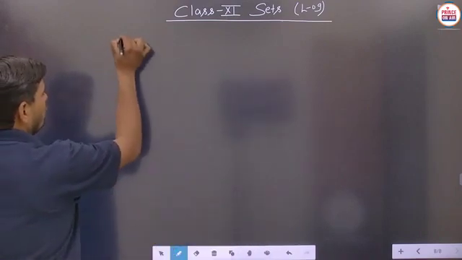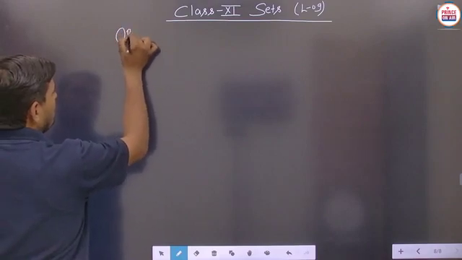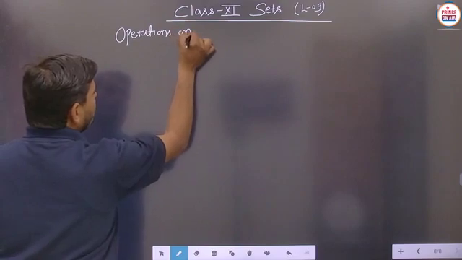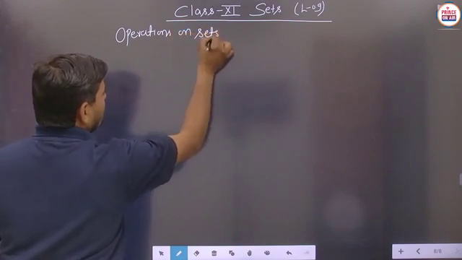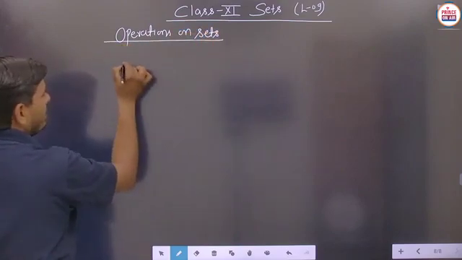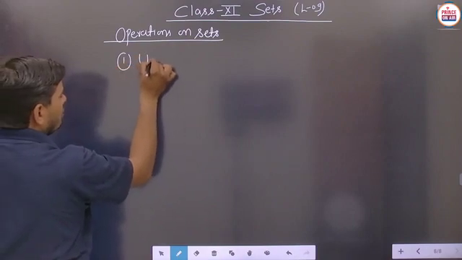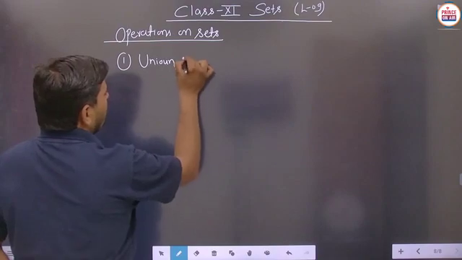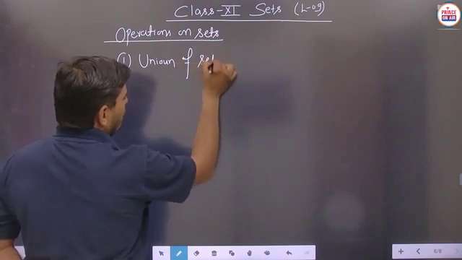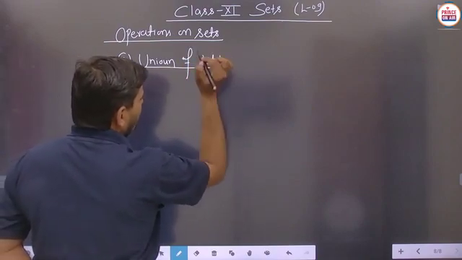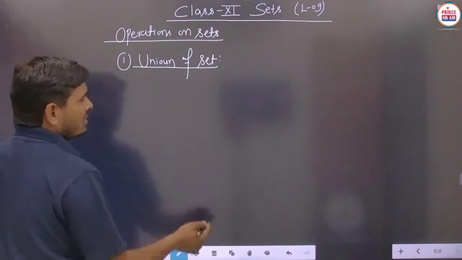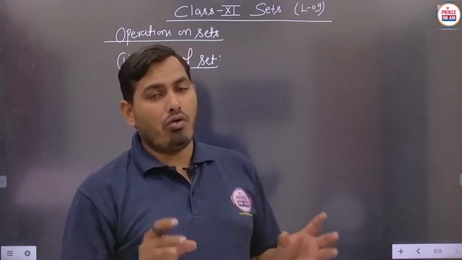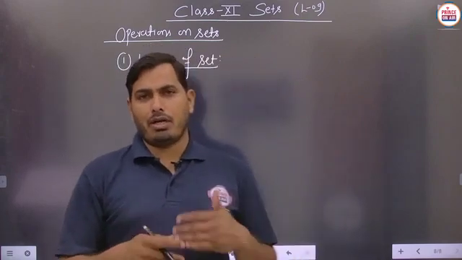Operations on sets we discussed in the last class, starting with the union of sets. In the case of the union of sets, if any sets A and B are taken as non-empty sets, then all the elements are joined in a particular set.